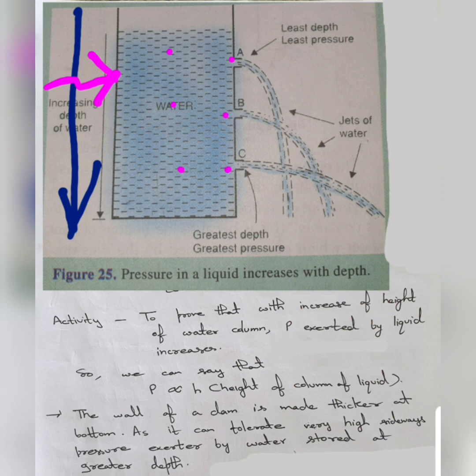We will put adhesive tape on these holes and fill this bottle with water, and after filling the bottle with water we will remove the adhesive tape. What do we observe? We observe that from the uppermost hole water travels the minimum distance, and from the lowermost hole water travels the maximum distance.